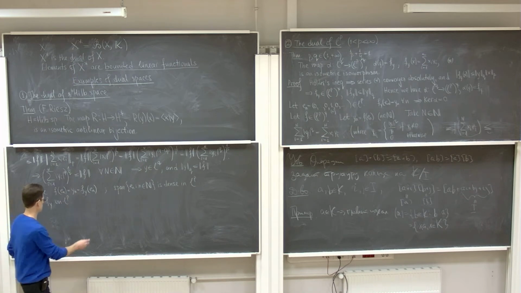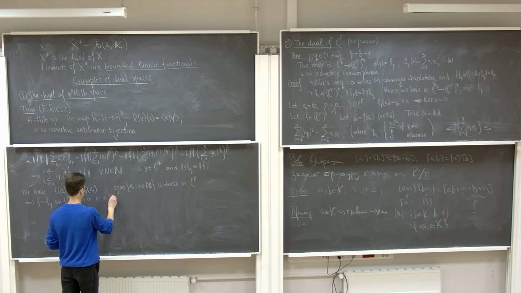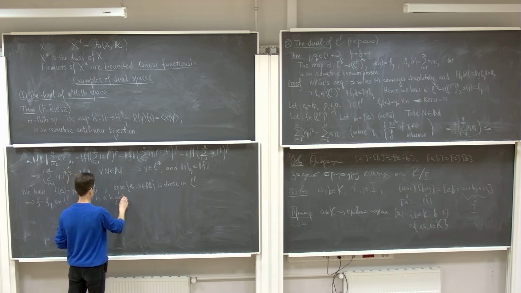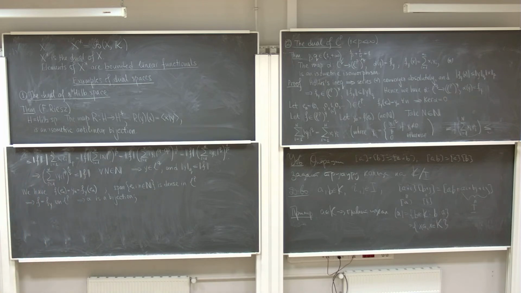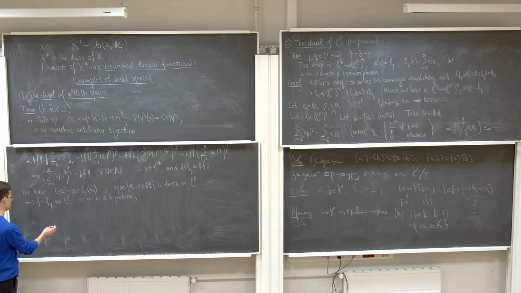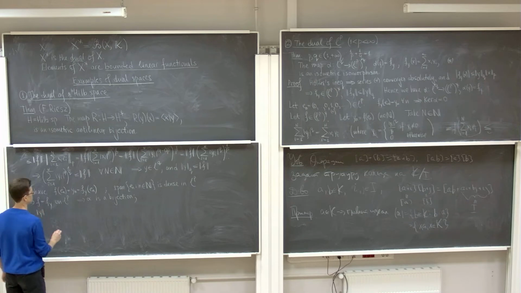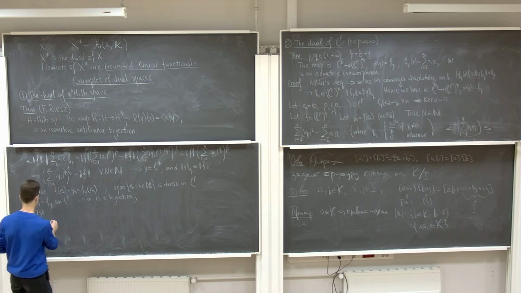So eventually we see that alpha is a bijection. And to complete the proof, we have to show that it is isometric. But this is very easy, because we already know that the norm of y is less than or equal to the norm of f. But f equals fy.